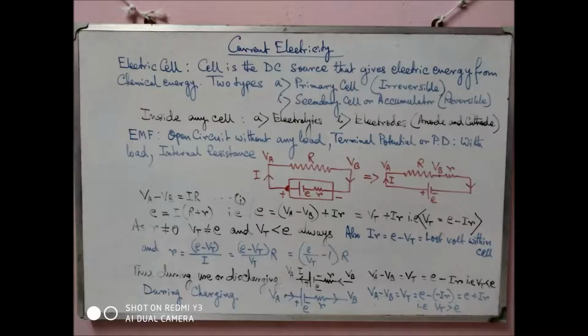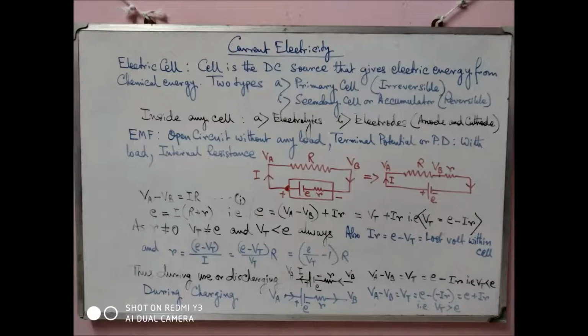Now, inside the cell the positive and negative are given. In the second diagram I mentioned that the long terminal is positive, the short terminal is negative, and that represents the EMF of the cell, E, and the resistance, small r, is inside the cell, and outside a big R is present, that is the external resistance or load.